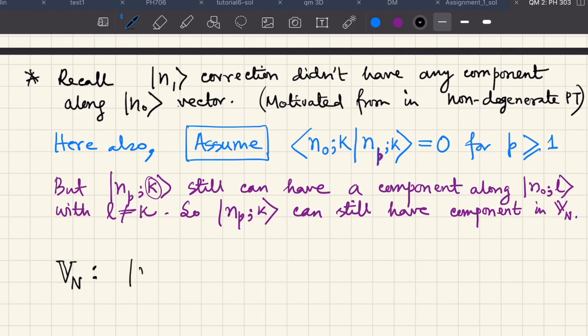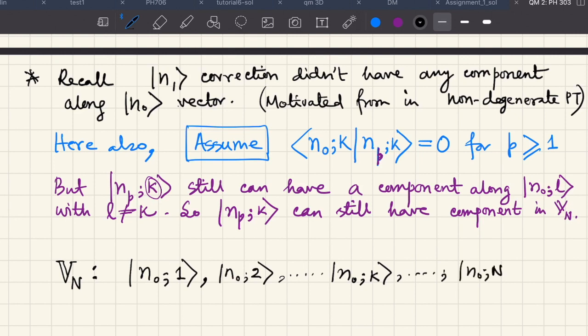It had these elements n01, n02, n0k, n0 capital N. There were these N number of state vectors.